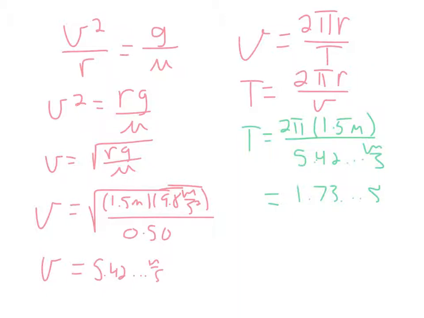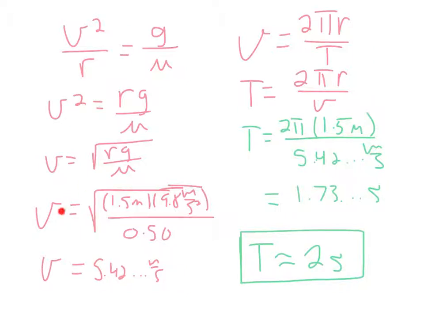Only one sig fig, so the period is approximately equal to 2 seconds. This is similar to the wrecking ball problem in that you had to figure out speed in order to find period, but that's the only way. You'll notice that mass canceled. It's not always going to cancel, it's not always going to be irrelevant, but in this case it was.